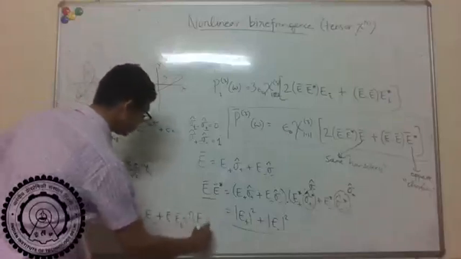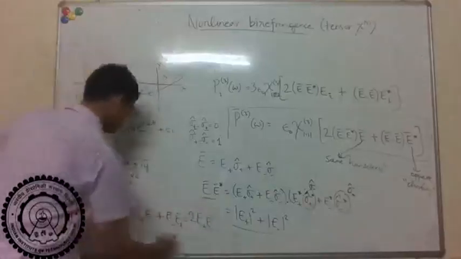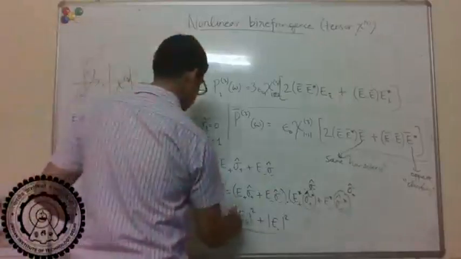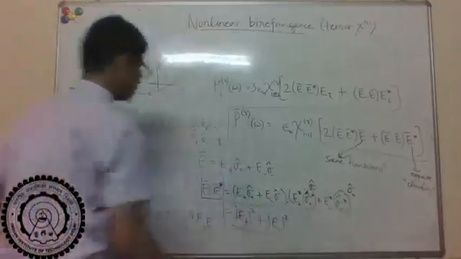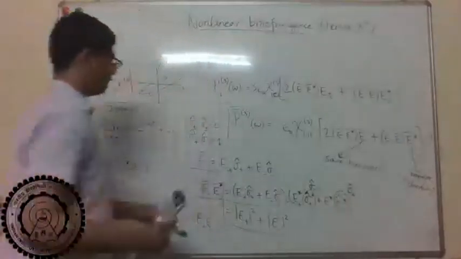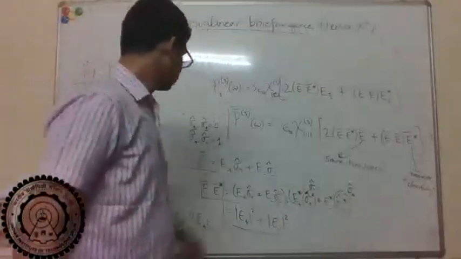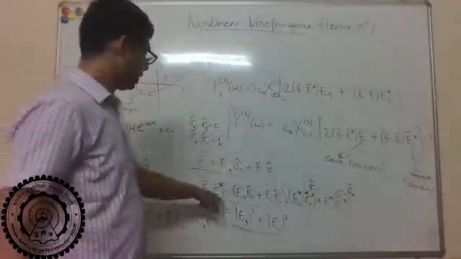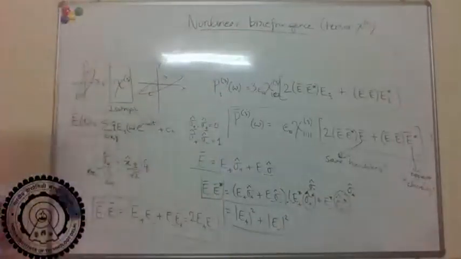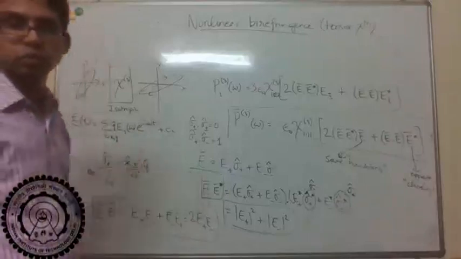So this will be twice E plus E minus. Okay, so when I write my input wave in the circular polarization basis, I can compute E dot E star like that and E dot E. So hope that's clear. If not, let me know.